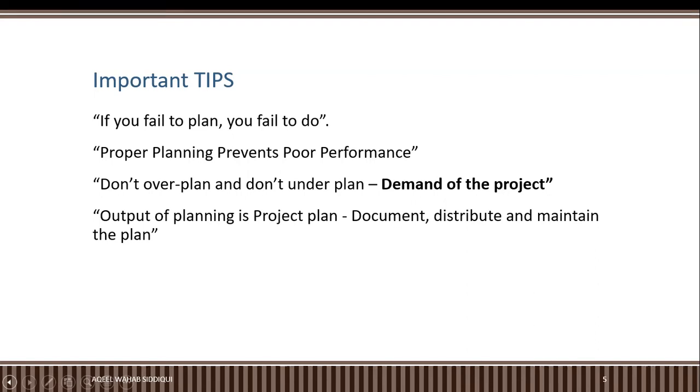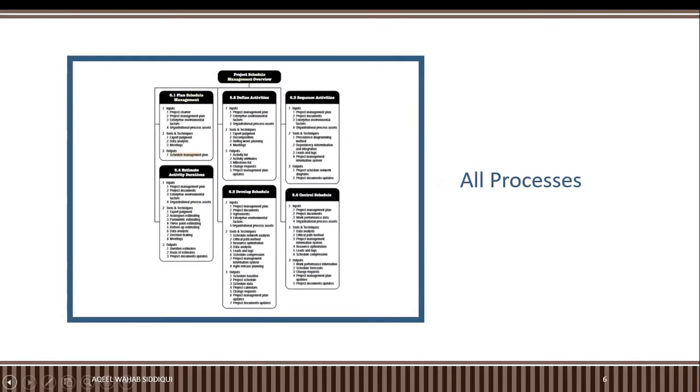So proper planning prevents poor performance. Don't over plan and don't under plan; plan as the demand of the project requires. Output of planning is the project plan. Document, distribute and maintain the plan. These are very important tips to remember as far as planning is concerned.